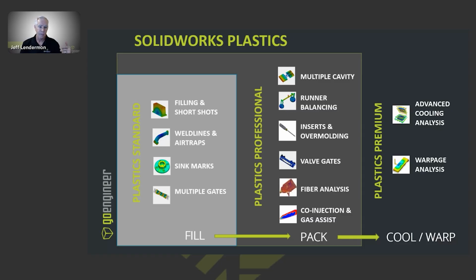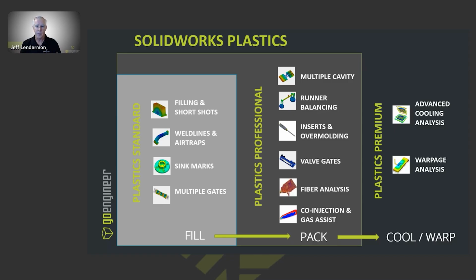We also have hot runner systems that we can do in Professional, and we can work with valve gating. So if you have a large part with a large manifold system with valve gates on there and you want to do valve gate timing so you have a smooth flow across the part, we can do this with Professional too. And Professional also has your fiber analysis.